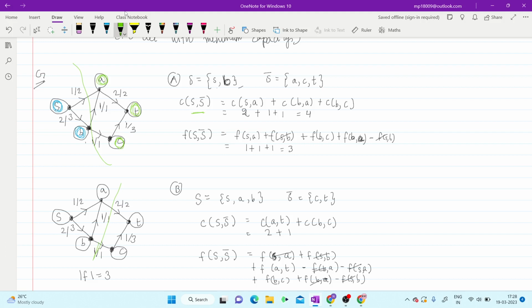Capacity is basically the sum of the capacities of all those edges whose first vertex is in S and the second vertex is in S bar.